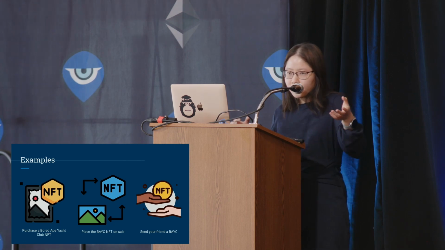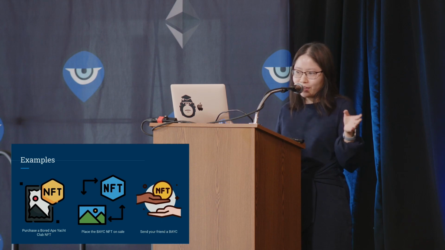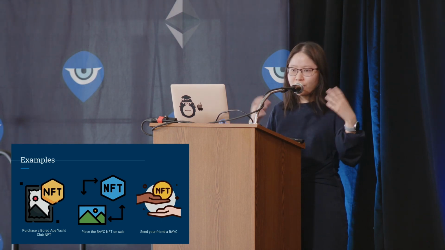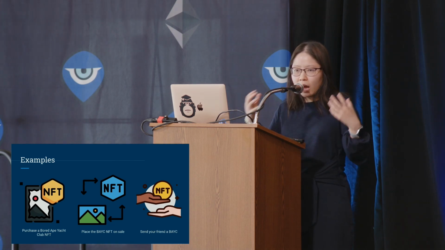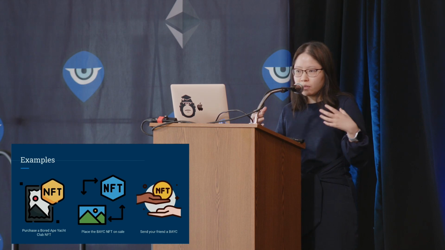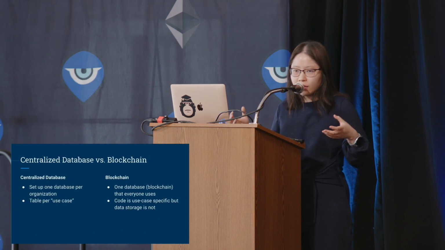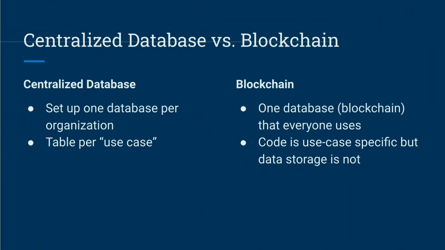And then if you send your friend a Bored Ape Yacht Club, which you probably won't because they're really expensive, and why would you give that to a friend, that is a transfer to someone else's wallet. So all of these actions on the blockchain are stored as data points. And the biggest challenge is that all of these data points are being stored in one database, aka the blockchain.